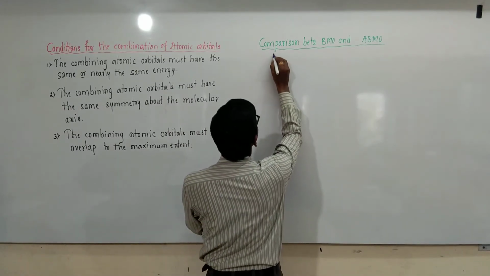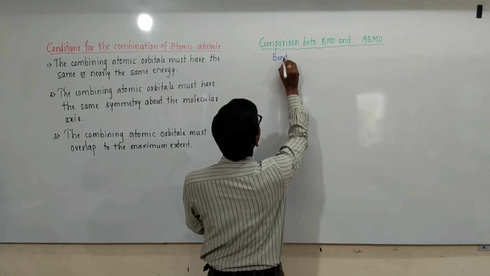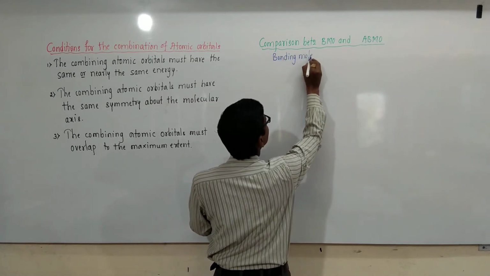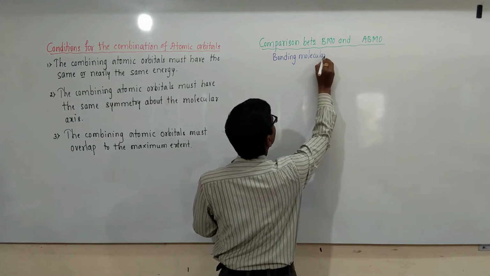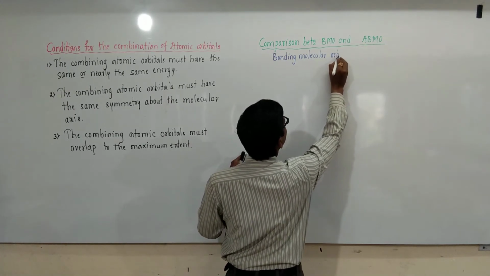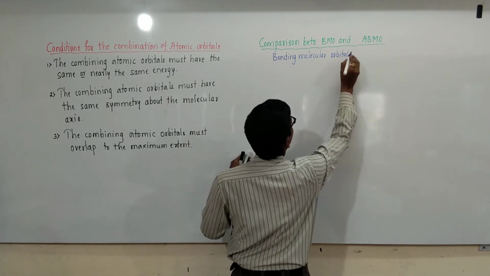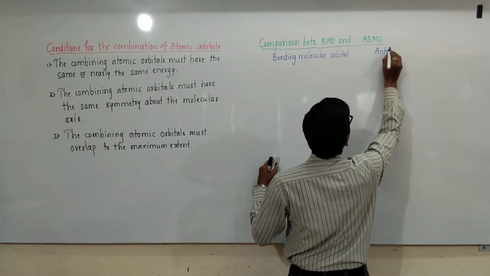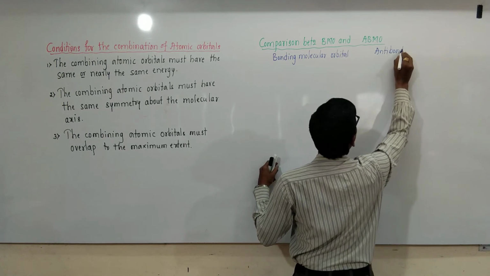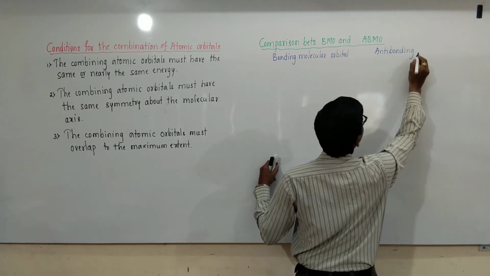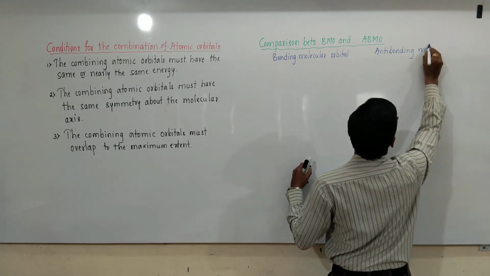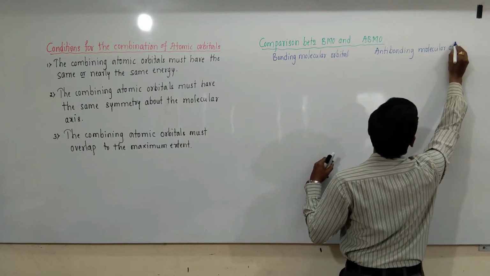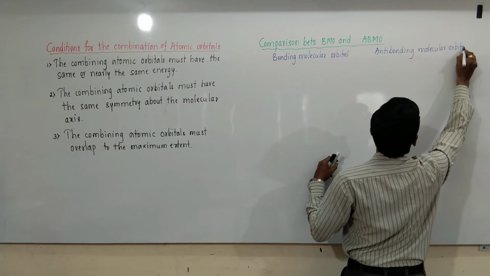First one is bonding molecular orbital. Here, antibonding molecular orbital.